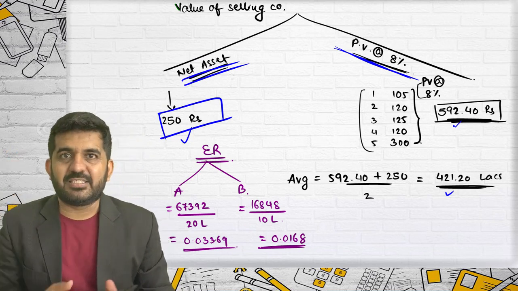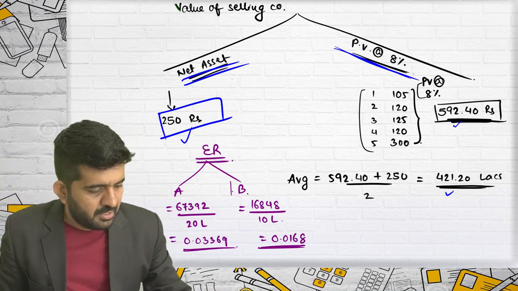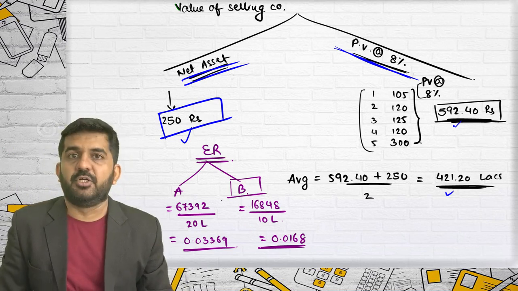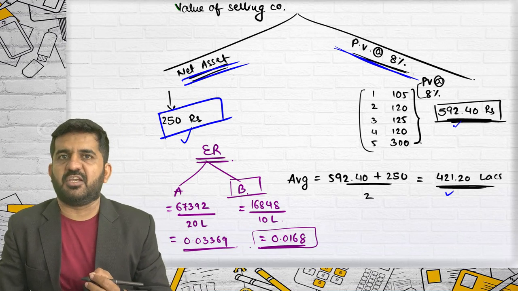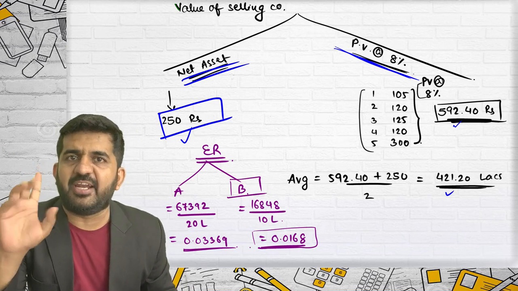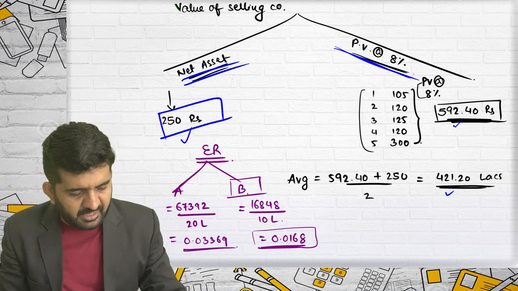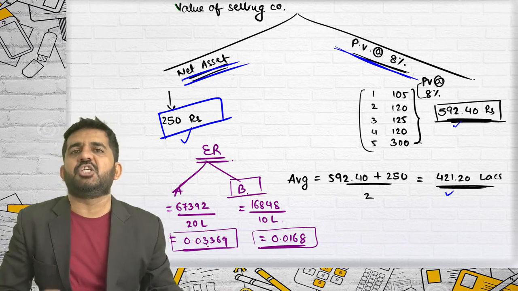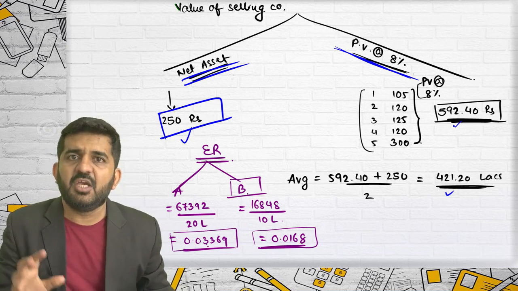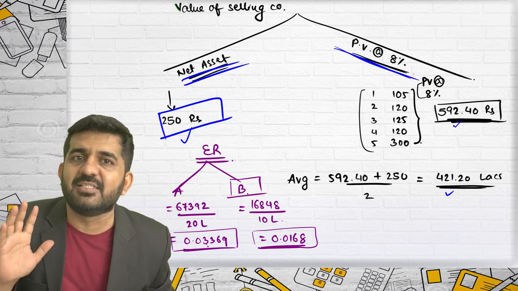Go to basics. What does exchange ratio mean? B category of shareholders will be getting this many shares of the purchasing company for one share held in the selling company. A category of shareholders will be getting this many shares of the purchasing company for every share held in the selling company.